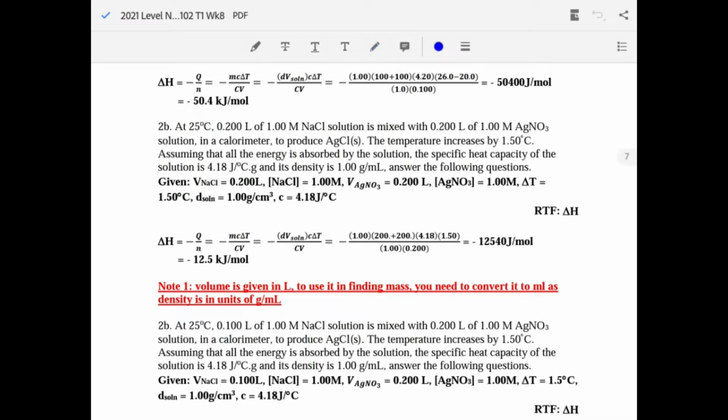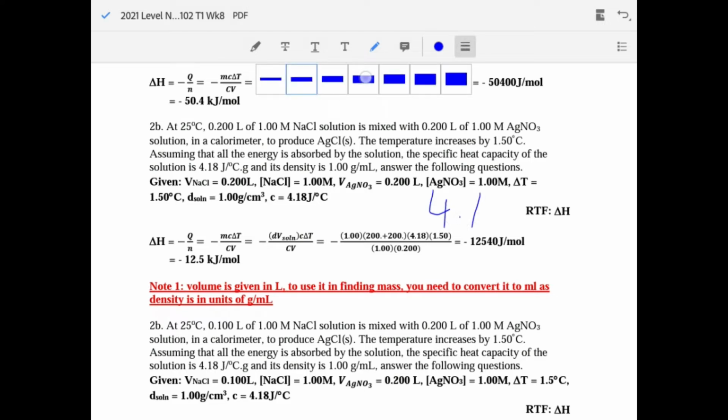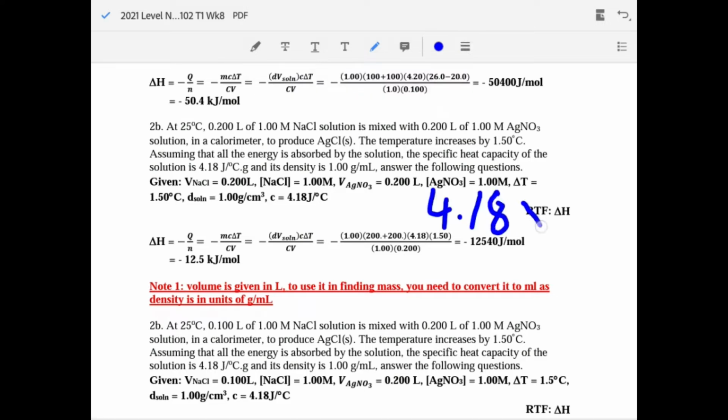So the specific heat capacity of the solution is 418. So 418 times 1 gram per milliliter. How many milliliters? It's 400 milliliters, because 0.4 liters.